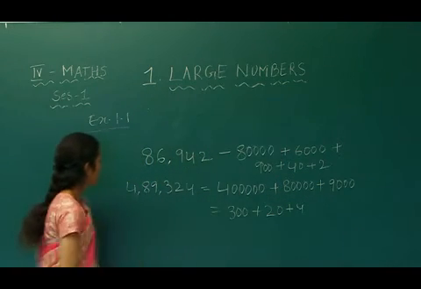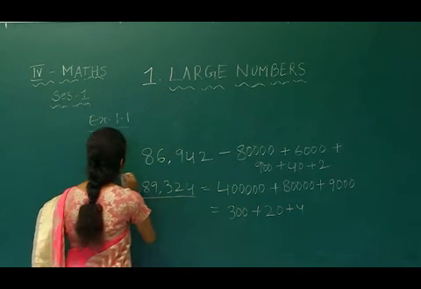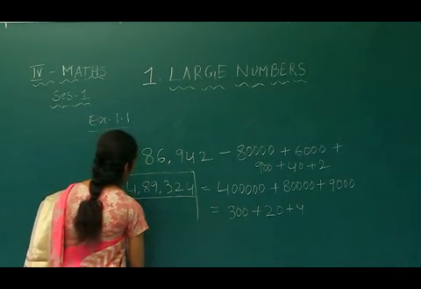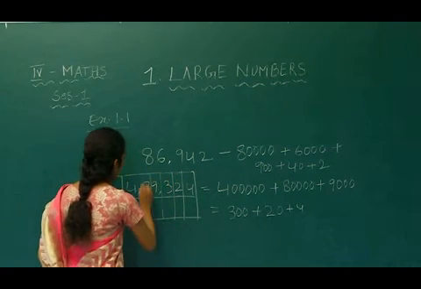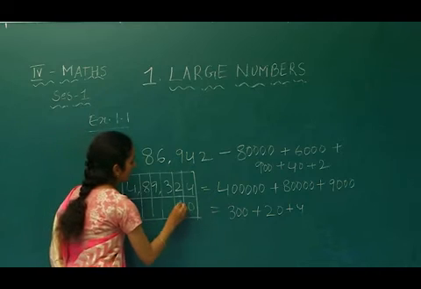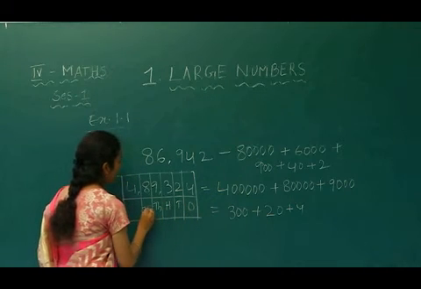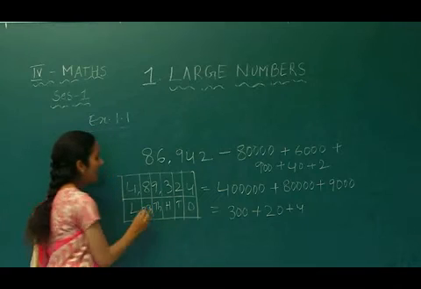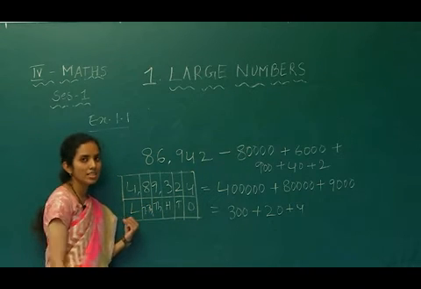This is the way. So, if you have any doubt or confusion, there is one more method, that is just draw the place value chart, know the value and write it. So, here ones place, tens place, hundreds place, thousands place, 10,000s place and lakhs place. Lakhs is a 6-digit number.